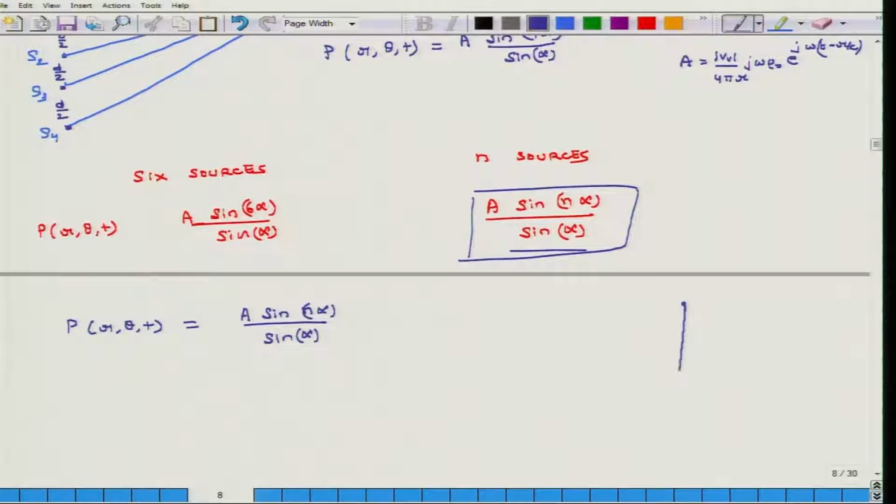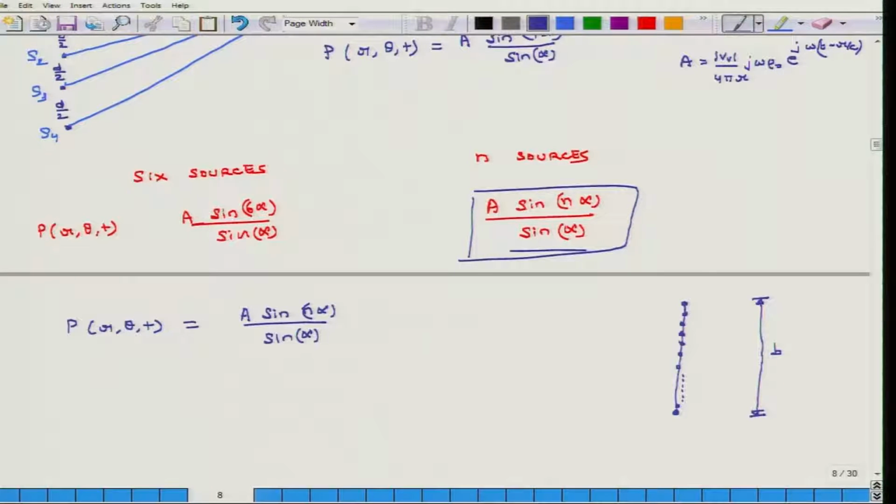Now, consider an array. There are lots and lots of sources, and each of these sources is separated by a small distance d. Suppose the overall length of the array is b, and b is a finite number, maybe the string is 20 centimeters long.